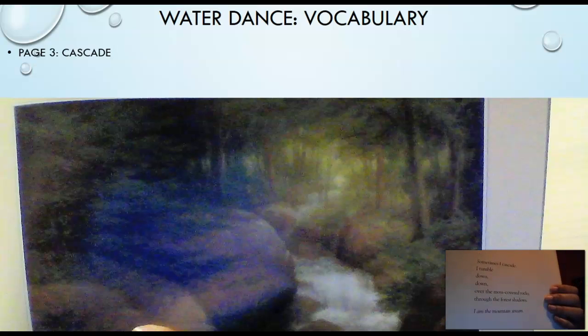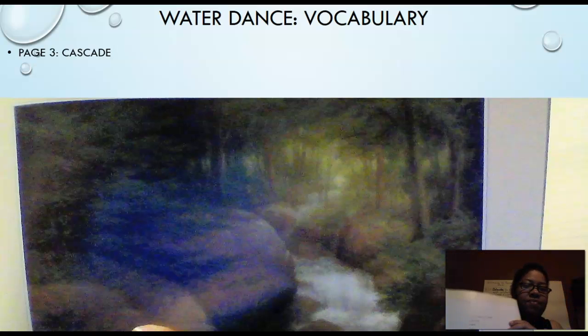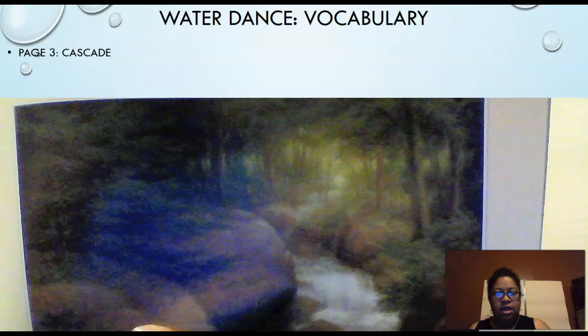So now we're looking at the word cascade. Okay? And so I'm looking at the image and I see the water traveling through, and I see it curving and moving kind of fast.